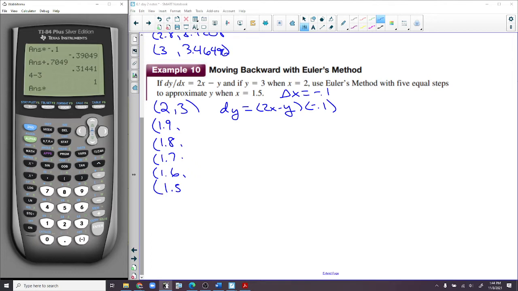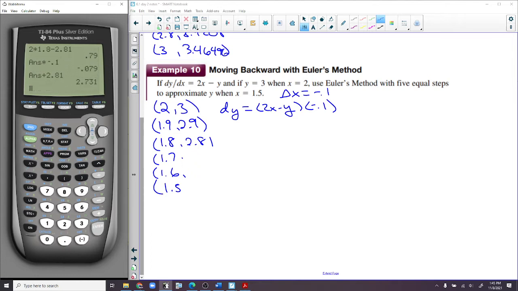Oh no. Times negative 0.1. All right, so add to 3. 2.9. 1.9 times 2 minus 2.9. I'll get this. Times negative 0.1. Add that to 2.9. 2.81. 2 times 1.8 minus, this wasn't supposed to take this long, but I messed it up, times negative 0.1, and then plus 2.81.